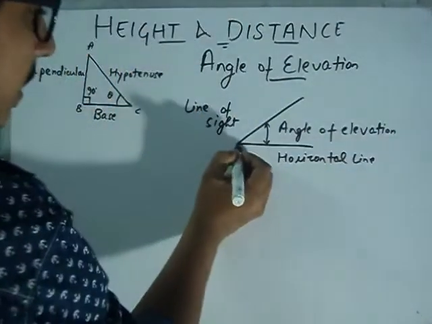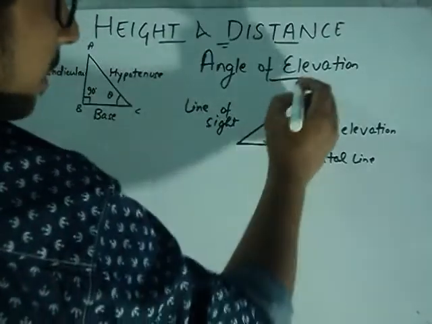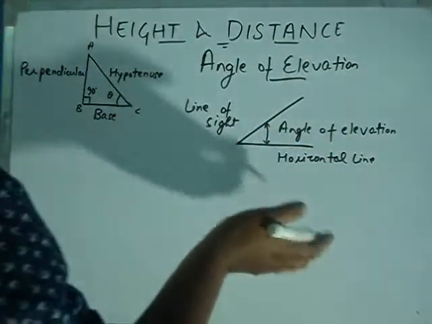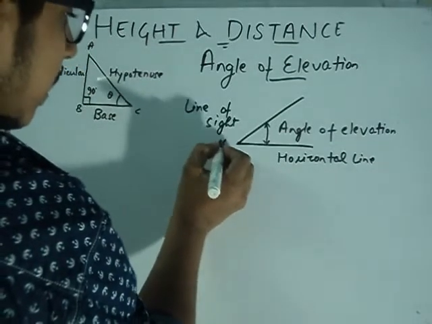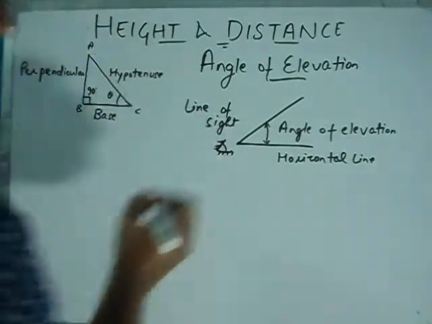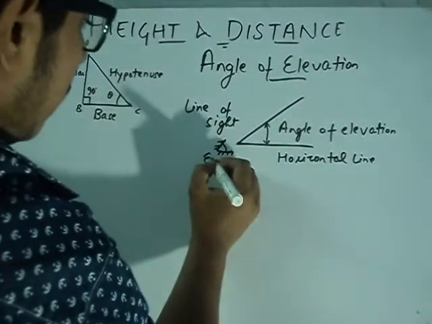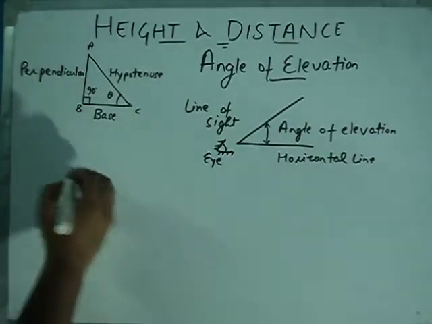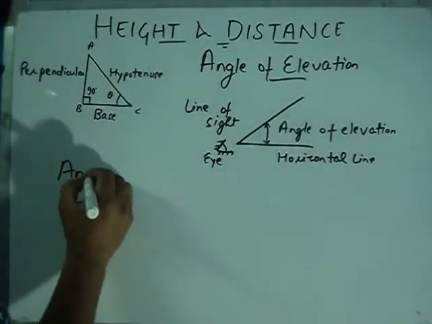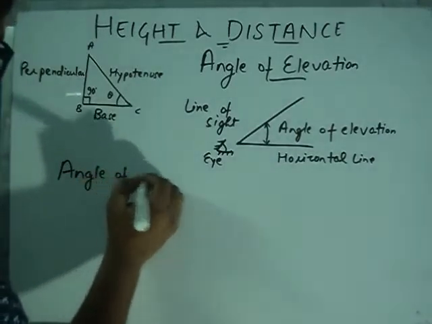The person is standing here and looks at the point above at some angle. To remove confusion, we draw an eye here, as the first point. Another one is the angle of depression.